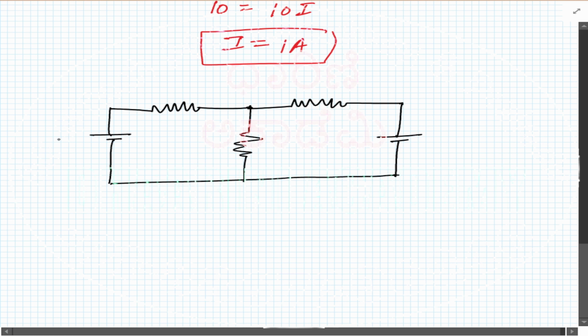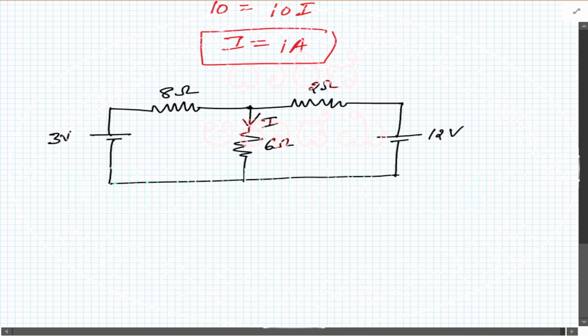This is 3 volts, 8 ohms, 2 ohms, 6 ohms, and this is 12 volts. So the question is to find this current I, the current flowing through the 6 ohm resistor.